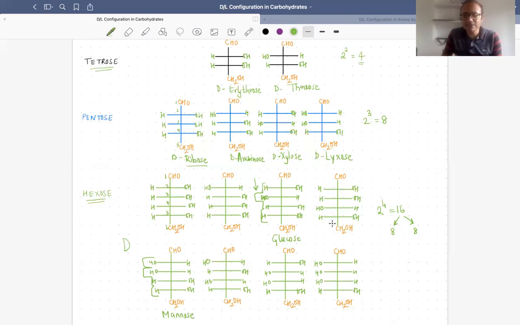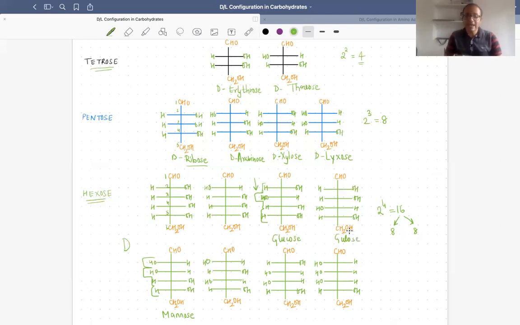Then another structure that you can think of is this one. This particular isomer is something like glucose in an inverted way. If you invert this molecule, you will see this particular OH coming here, and the rest have the same OH on the right side. Only this particular chain has been interchanged. So it is kind of an inverted glucose you can talk of.